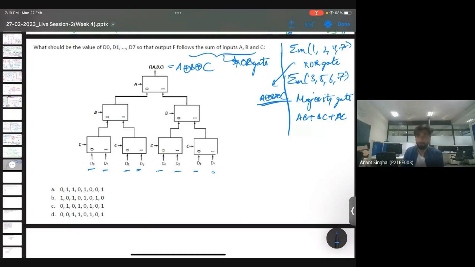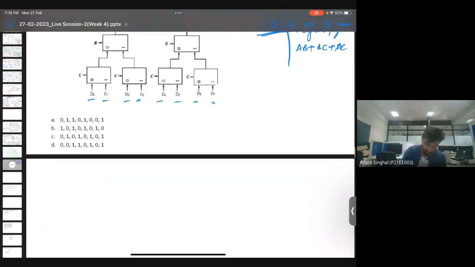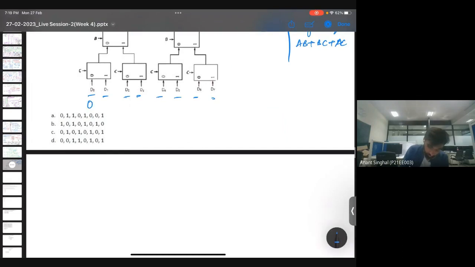So you can check for option A. Okay, you have already got the answer. Option A is giving this. Fine, we'll check for option A directly. So let's proceed. I'll write it here: 0 1 1 0 1 0 0 1.